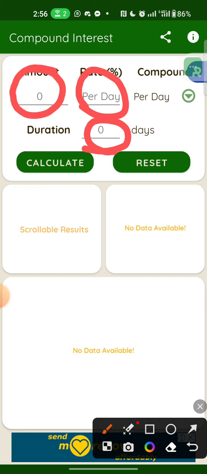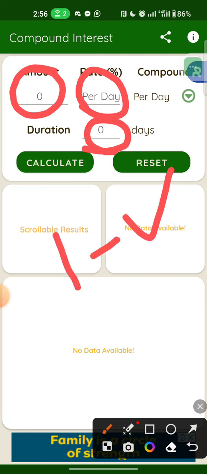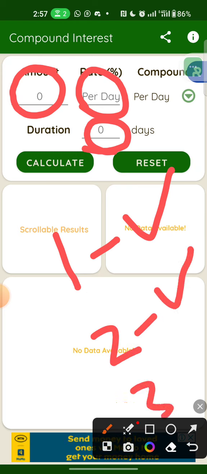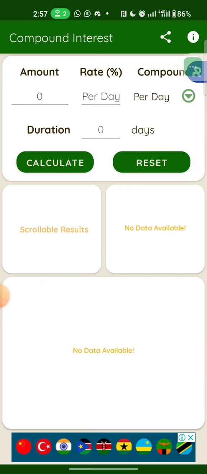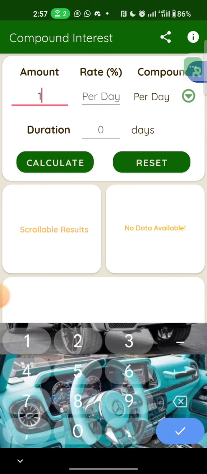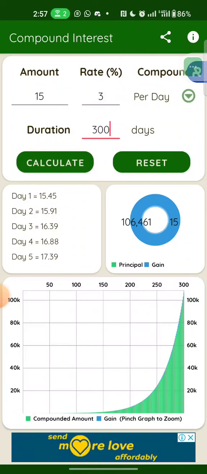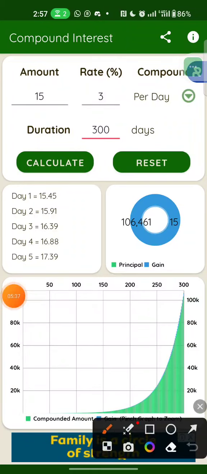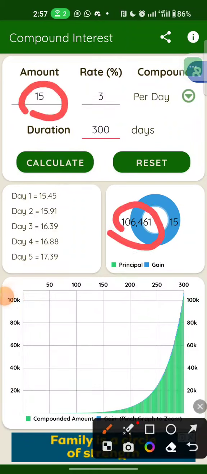If you pick a coin now and it sells, that is one trade. You pick another one and it sells, those are two trades. You pick another one and it sells, those are three trades. So if my first buying amount is 15 and I take 3%, and my aim is to have 300 successful trades, I will have been able to turn my $15 into $100,000.